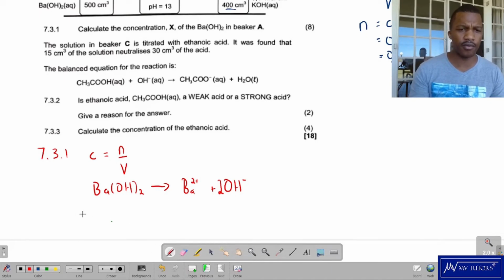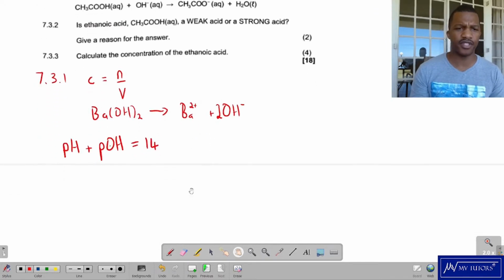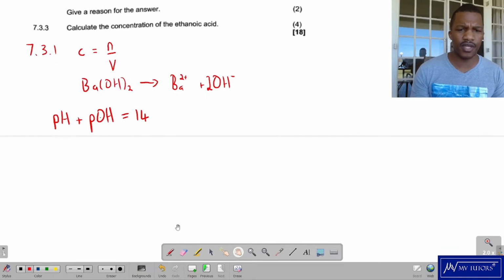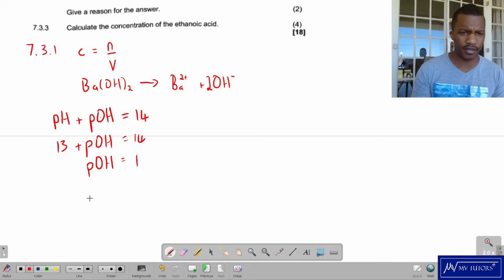Now we know that pH plus pOH is equal to 14, okay, by definition. So we have been told that the pH is 13 and we want the pOH, right? That's 14. So to get the pOH, it's just gonna be 14 minus 13, which is equal to 1.